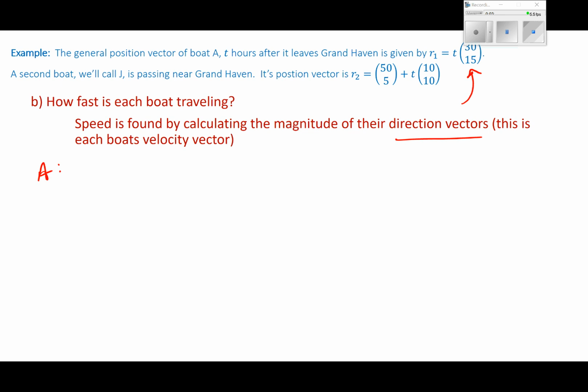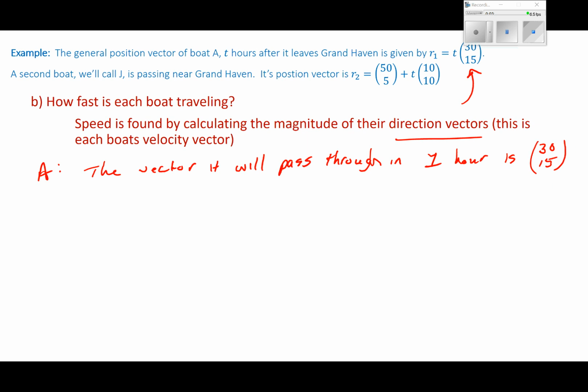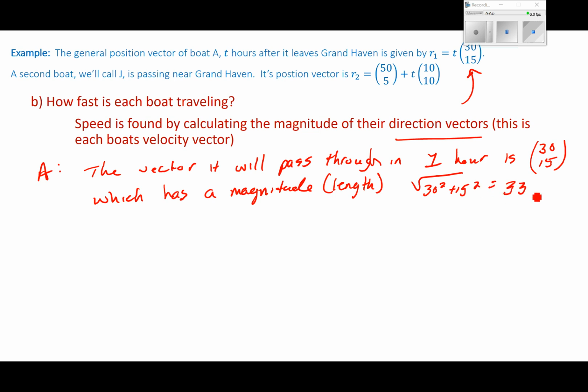What that's saying is that the vector it will pass through in 1 hour is (30, 15), which has a magnitude, which represents length, of the square root of 30 squared plus 15 squared, which ends up being 33.5 units.